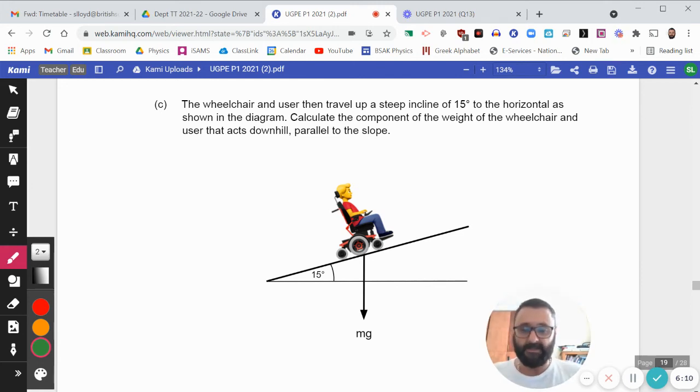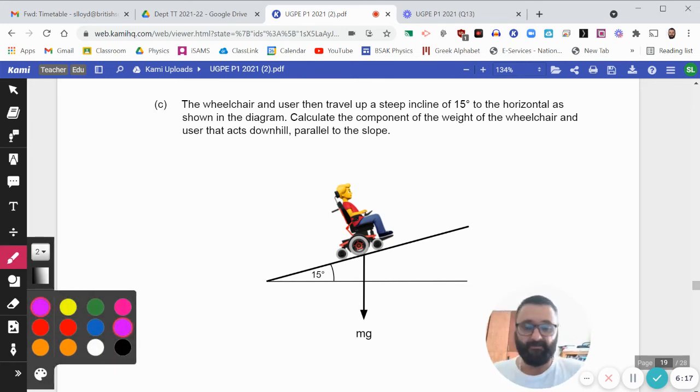Weight is vertically downwards, however it's very useful to split the vertical weight into two perpendicular components, one parallel to the slope, one perpendicular to the slope. Admittedly, this is a little tricky to visualize, but it does take a bit of practice.